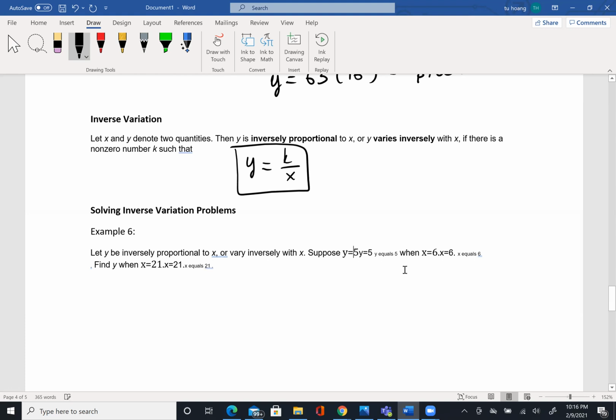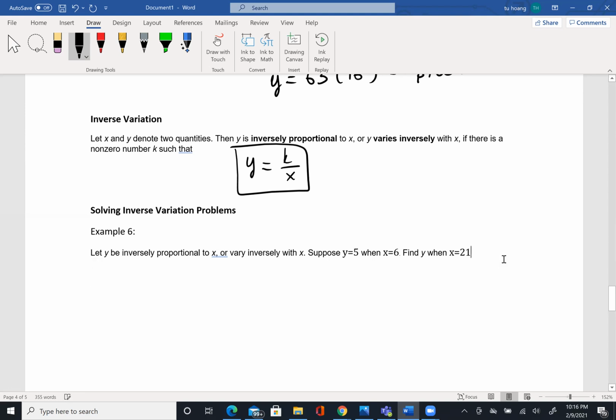Suppose y equals 5 when x equals 6. Then we find y when x equals 21.